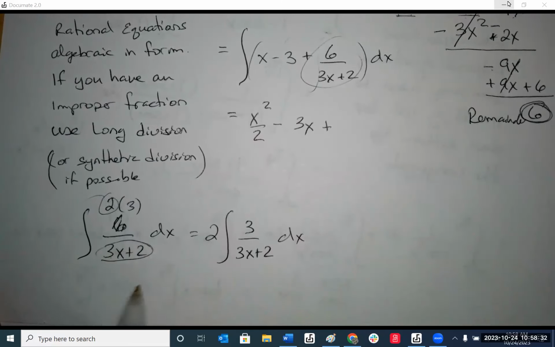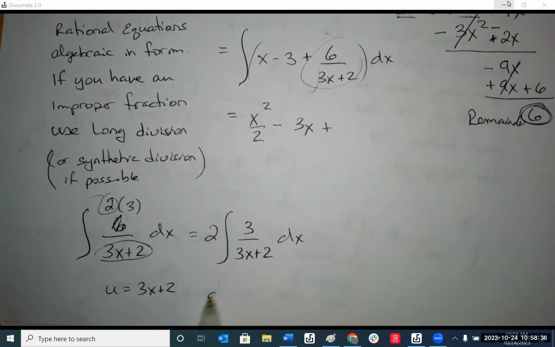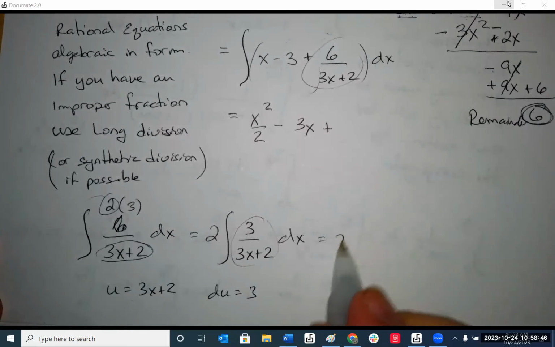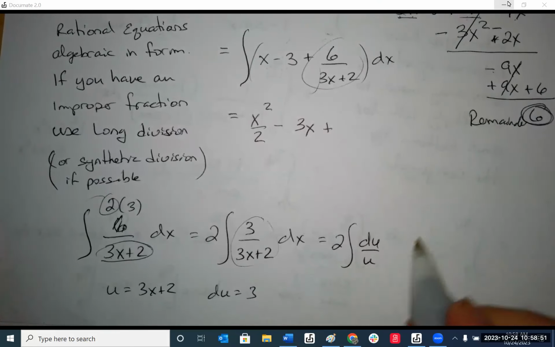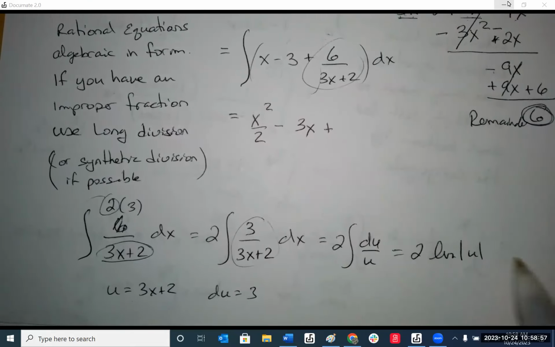So if this was u and du is 3, we have du over u, which becomes what? Du over u becomes ln u plus c.